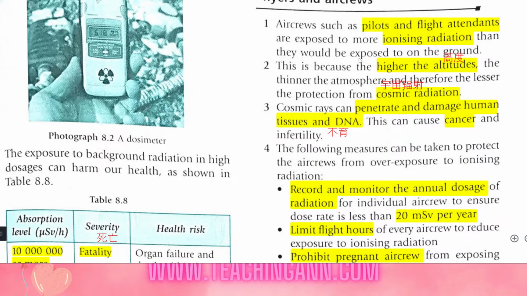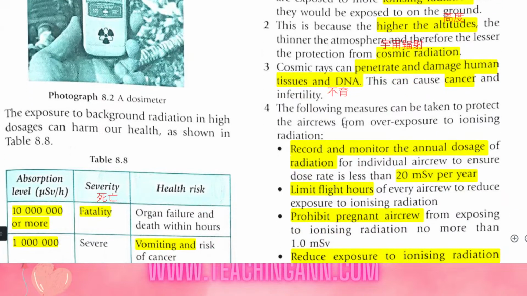Radiation. This is because of the field, and therefore the radiation can penetrate and damage human tissue and DNA. This can cause cancer and infertility.